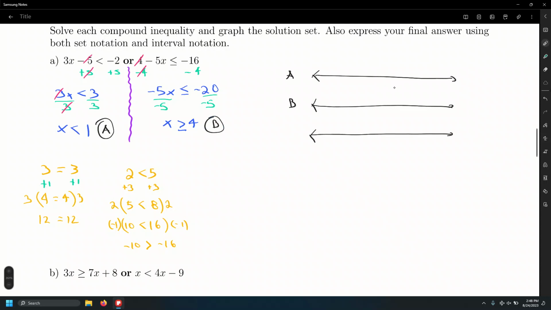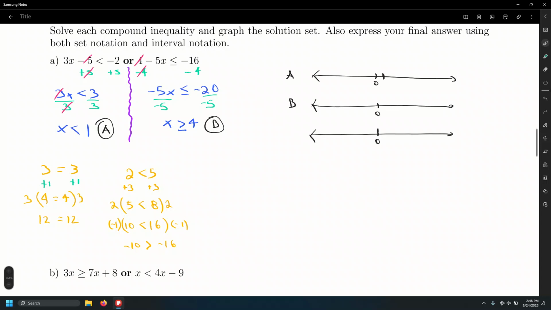What you might want to do here is put the 0 in the middle, just to have a reference, to have some number sense, by the way. All right, and it doesn't have to be exact. Just make sure your drawings make sense as far as number sense, and that you can read them and interpret them. So I'm going to go to the number 1 for set A.